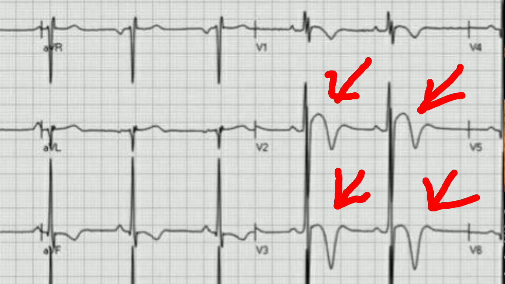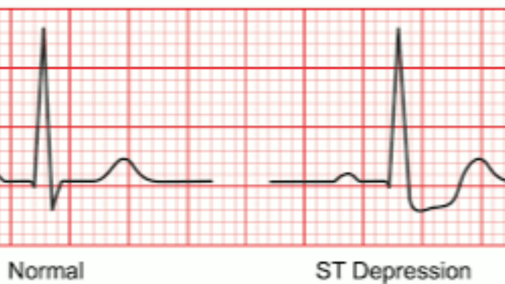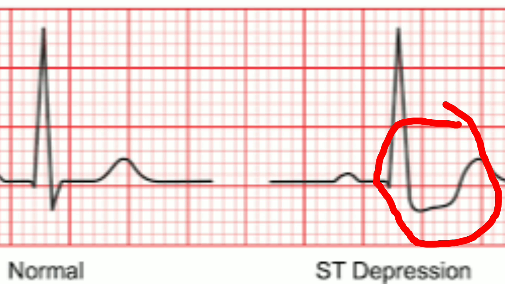But in the remaining 75% of patients, there can be T wave inversions, which is a downward movement of the T wave, or there can be a depression of the ST segment, where the ST segment is going lower than the isoelectric line or the baseline. So these 2 things tell you that either there is ischemia or reduced blood supply, or there may be some damage to the myocardium of the heart, which we call myocardial infarction.